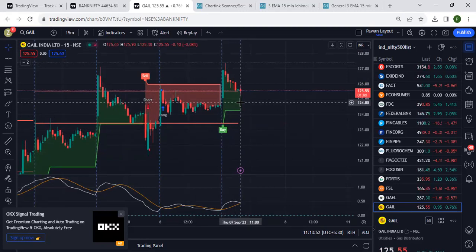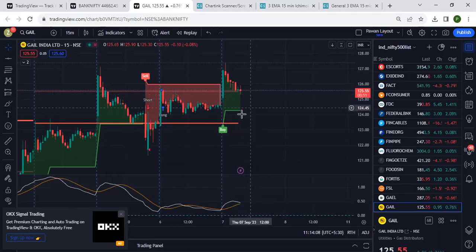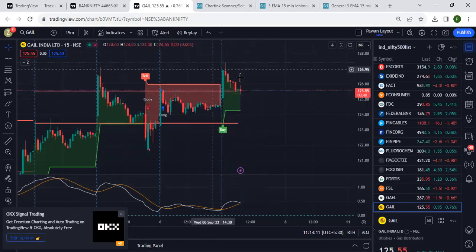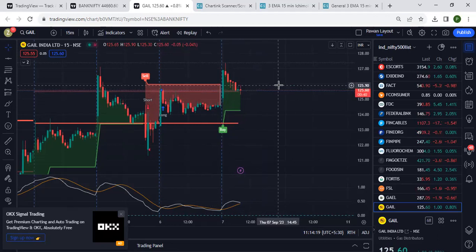So after breaking the previous high of the 15 minutes, one can enter into the trade. The previous high is right now 125.90.